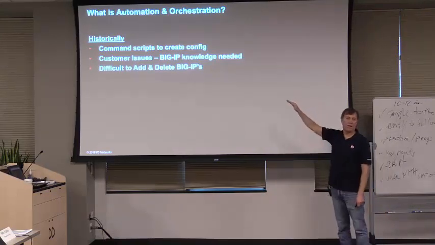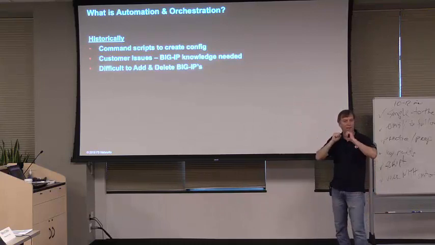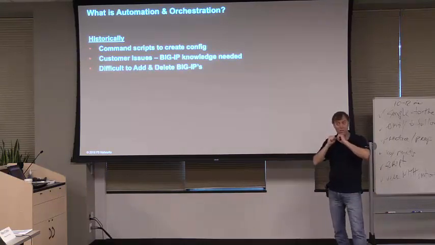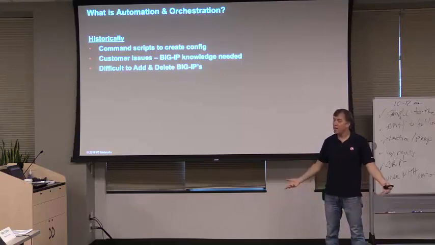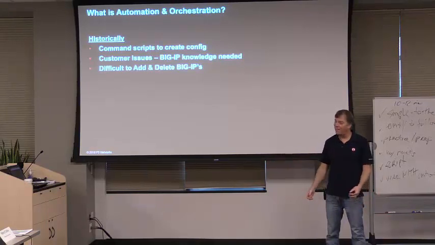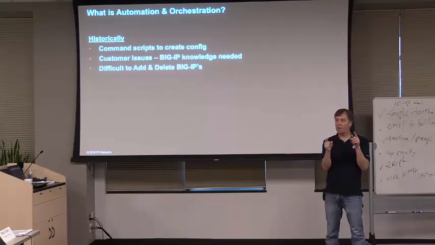We had to do it with command line scripts. How would the BIG-IP admins do that? They'd write this command line script and hand it off to the operations folks and say, run this during our maintenance window, right? That's automation and orchestration, but BIG-IP admins, the TMSH commands were very, very complex. They had to know how BIG-IP worked.